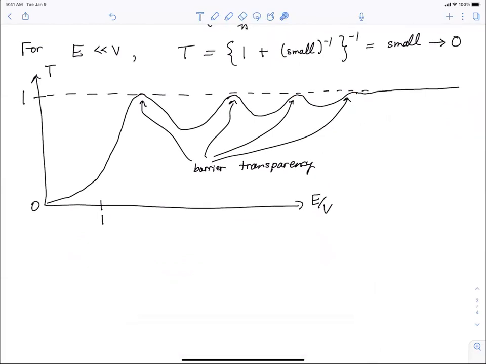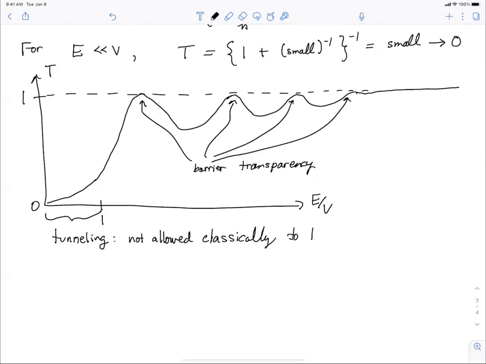Okay, and then this region here is called the tunneling region. Because there you're not allowed to send a particle through classically, and yet quantum mechanically it does go through. So it's not allowed classically to transmit a particle because you don't have enough energy to get through the barrier.